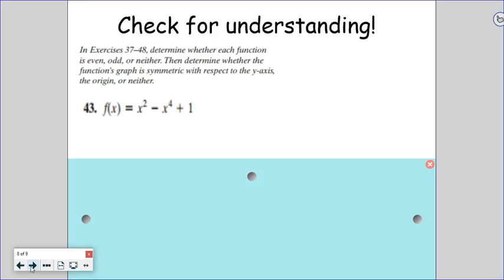Okay, first one, determine whether each function is even, odd, or neither. Then determine whether it is symmetric to the y-axis, the origin, or neither. You should be able to answer that if you remember which one tied to which symmetry. You shouldn't have to test for it again. You can use our little shortcut at the end if you remember that, or use the test.